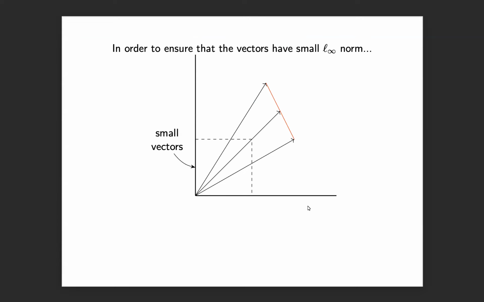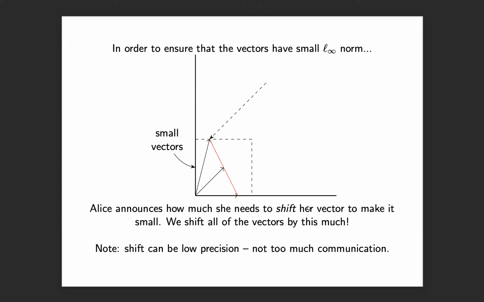So our first contribution is coming up with a better way of ensuring that that's not the case. What we're going to do is have Alice announce how much she needs to shift her vector by to make it small. By small, I mean small L infinity norm. And then everyone who's playing shifts their vector by this much. And notice that we didn't need much precision here in the shift. We just needed to get it into this box.